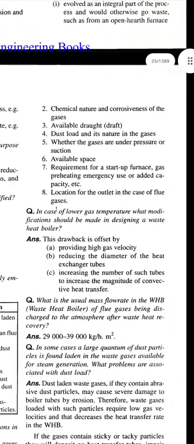Second one is chemical nature and corrosiveness of the gases, availability of draft, dust load and its nature in the gases, whether the gases are under pressure or suction, available space, requirement for a startup furnace, gas preheating, emergency use or added capacity, etc. Location for the outlet in the case of flue gases.